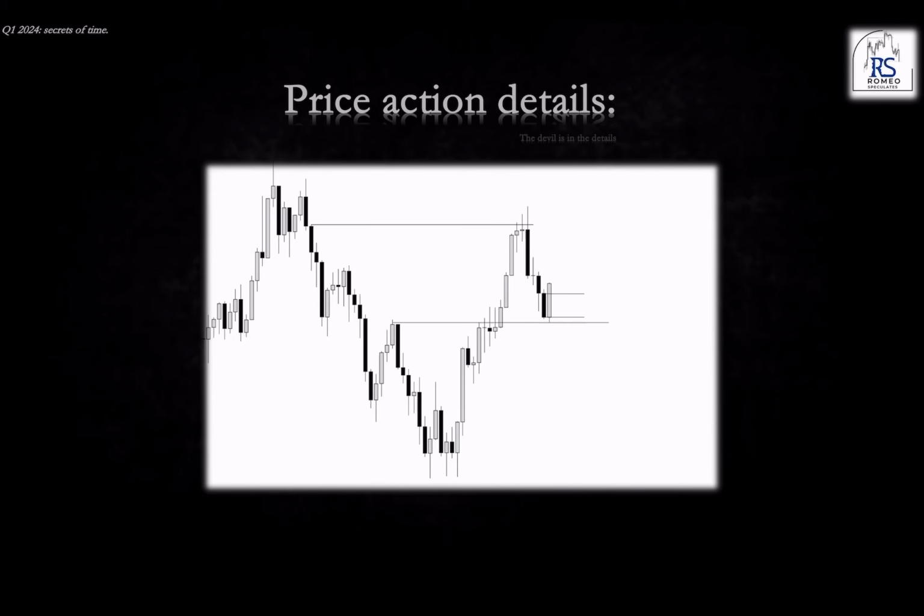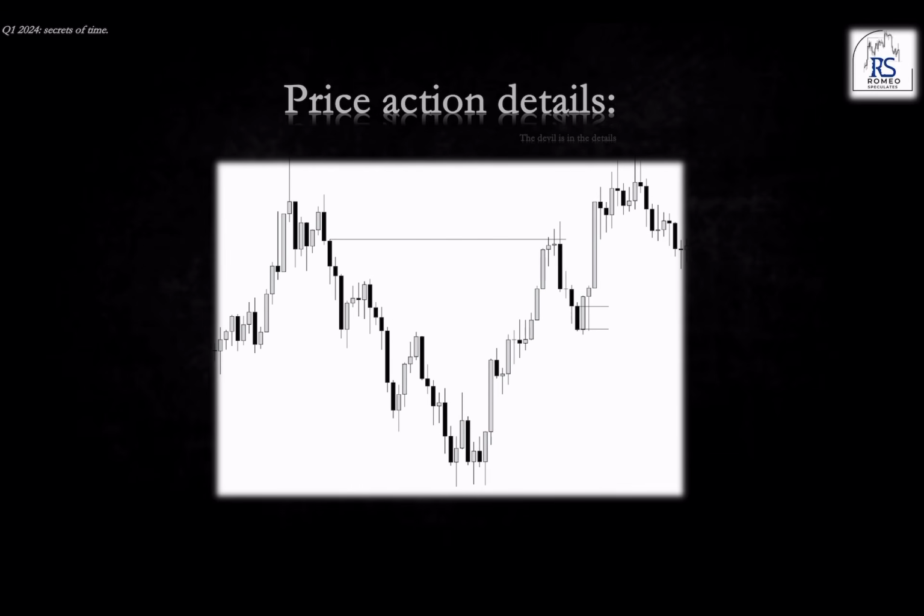Excuse me. And as we see, indeed, we stabbed into the rejection block. Wicks do the damage, and bodies tell the story. We wicked into this order block. We respected the rejection block, because usually what you'll notice is that rejection blocks are retraced to more often than not.